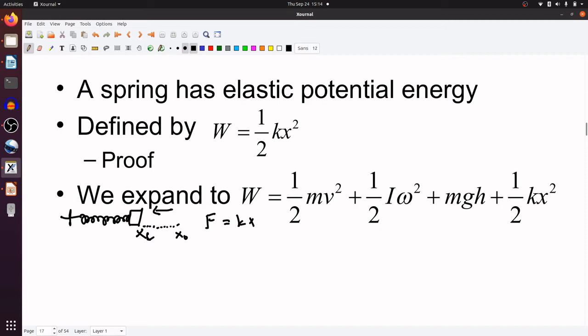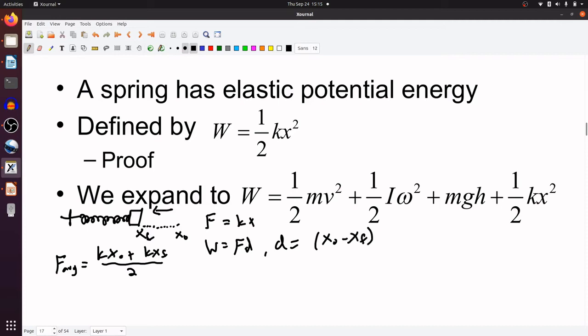Well, that would be k x naught, I'm going to put naught first since it's the original, plus k xf, divided by 2. That is your average force. Now, why do I want to get that? Because I want to get the work done. I know that the work is going to be a force times some sort of displacement, and my displacement is going to be x naught minus xf.